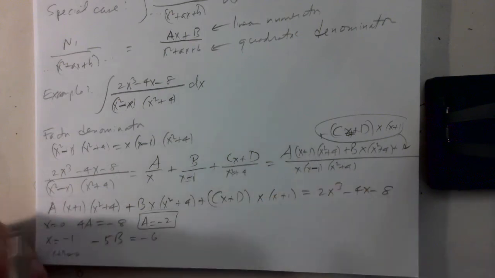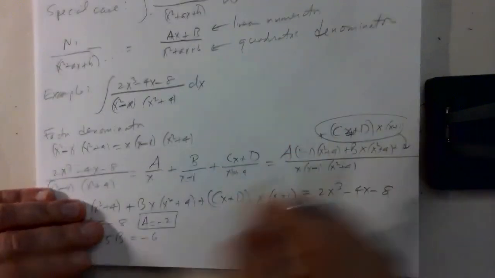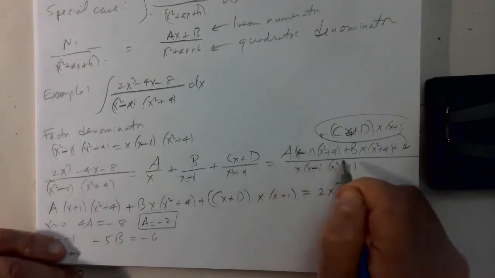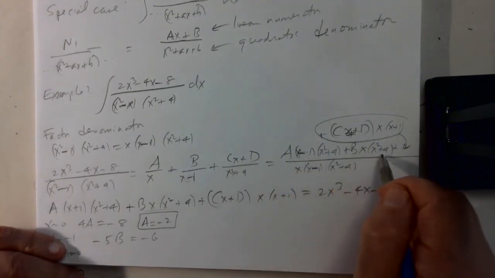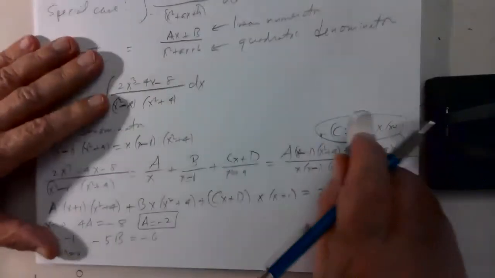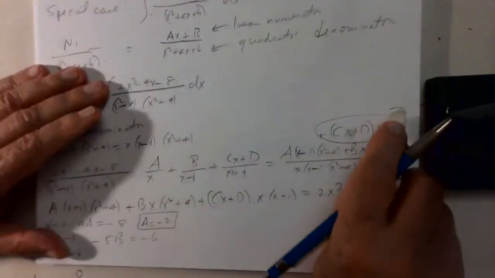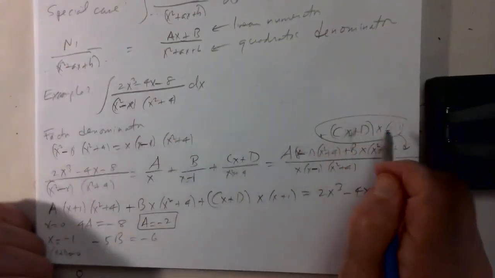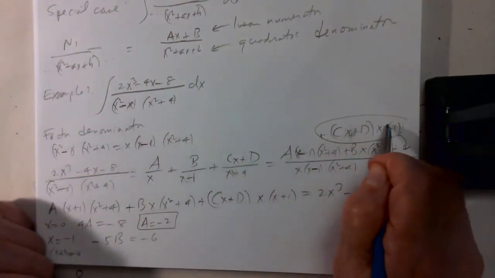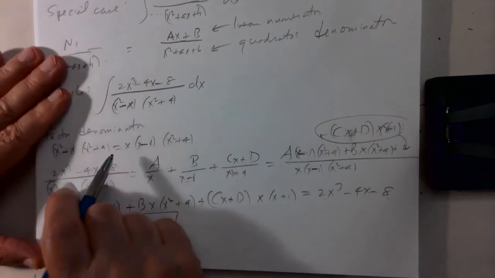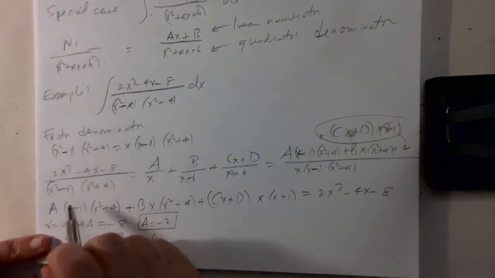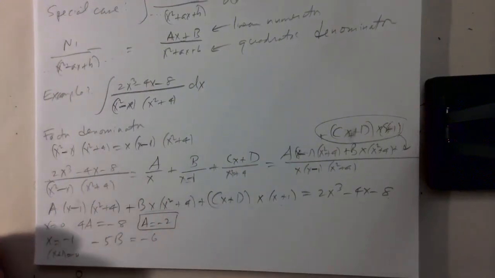And so this is x minus 1. And this is dx, and this is cx plus d. What I had done was correct, but it wasn't the right denominator.